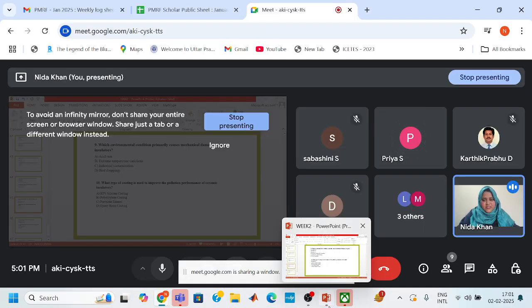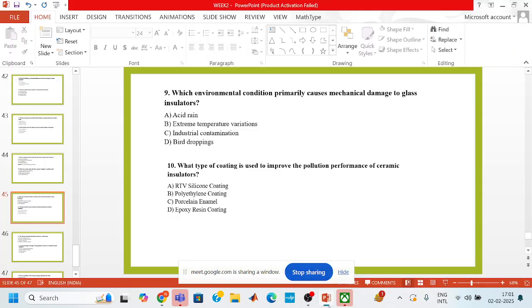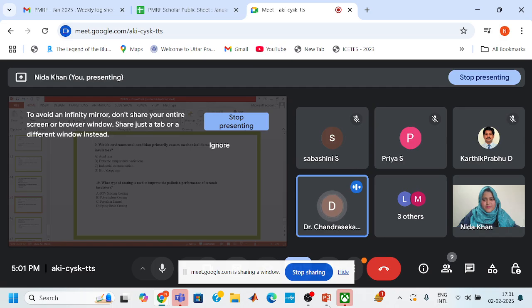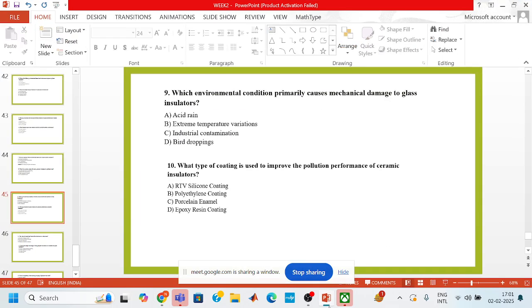Okay, anyone else? Extreme temperature variations. Okay, so for the glass insulators, the main condition which primarily causes mechanical damage is extreme temperature variations. Due to that, glass will shatter. Okay, so the option B is correct.